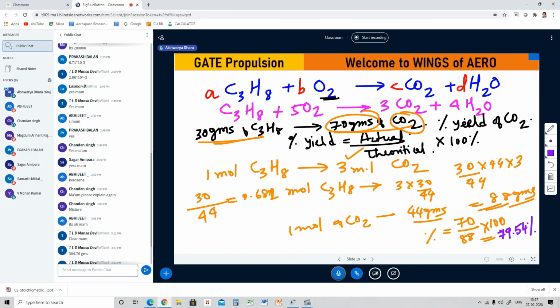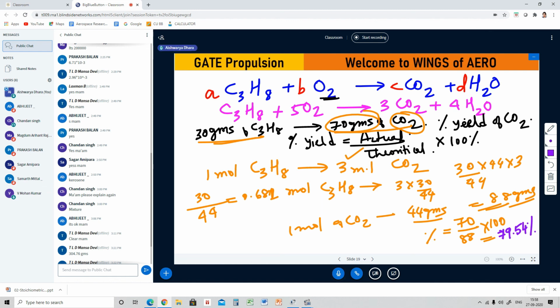We are not studying a new topic, so I request all of you to do one thing. Next class when you're coming, just have a look at the aerothermodynamics of aircraft engines. What are the types of engines, at what speed which engine is preferred, which engine has what advantages and disadvantages.